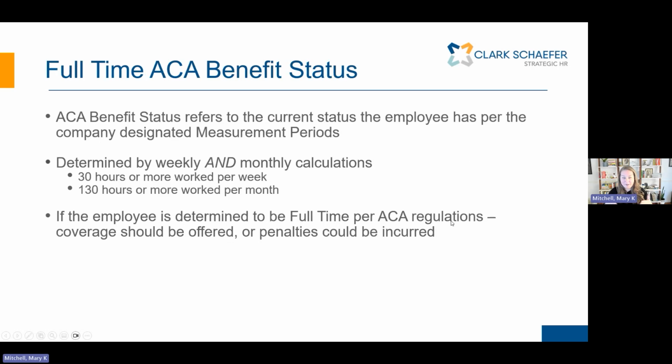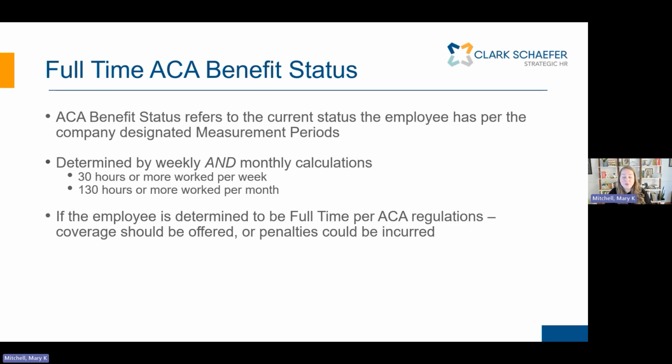Another thing to keep in mind when we're talking about ACA is, what does full-time ACA benefit status truly mean? When we're saying full-time, we're not talking about your handbook's definition of what a full-time or part-time employee is. We're talking about the Affordable Care Act's very specific definition of what a full-time employee is.